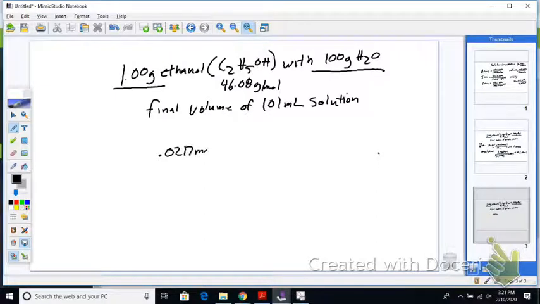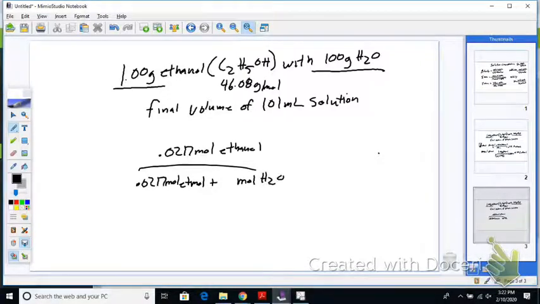So we already know that we have 0.0217 moles of ethanol. Now what we do is take the 0.0217 moles of ethanol and add it to the moles of water. So we've got to find the moles of water, whatever that is. And then that's going to divide out, and that's going to give us our mole fraction.